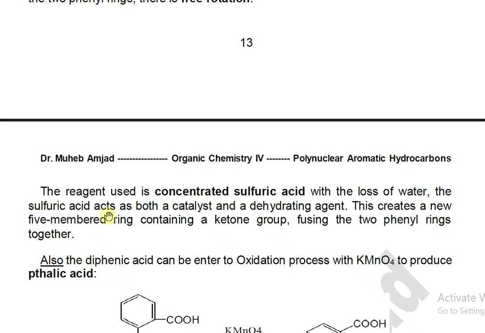The sulfuric acid acts as both catalyst and dehydrating agent. So the sulfuric acid will remove the H2O molecules from the compound. This creates a new 5-member ring containing a ketone group, fusing the 2 phenyl rings together.